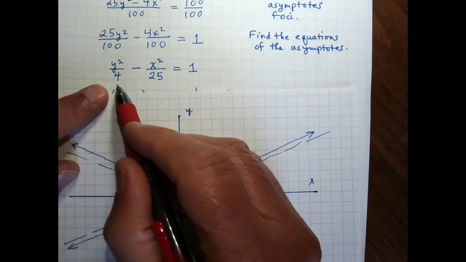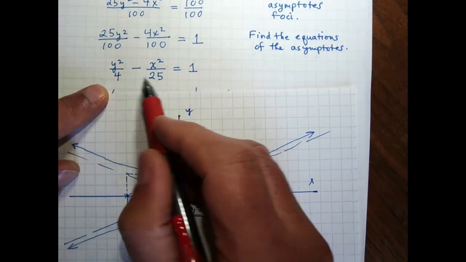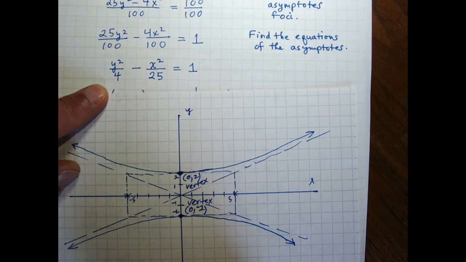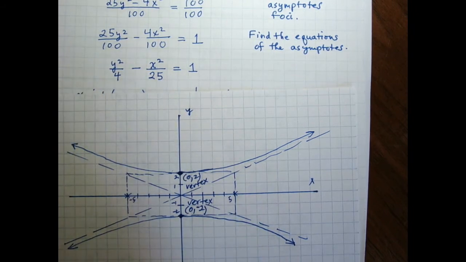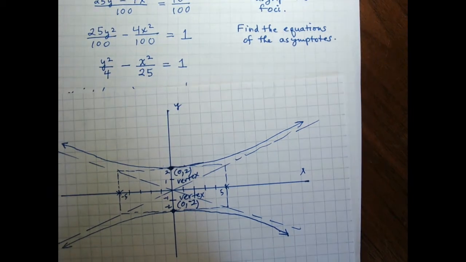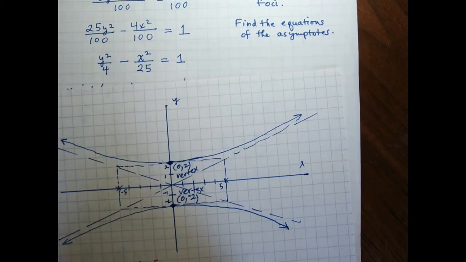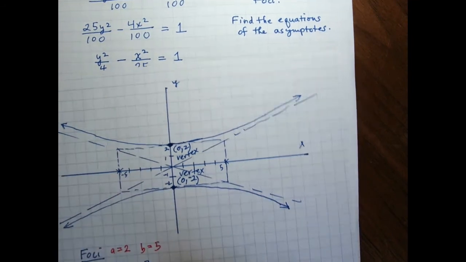The a squared and the b squared are the denominators in the standard form. A is actually 2, a squared is 4, and b is actually 5, b squared is 25. So I have to add 4 plus 25 to get c squared. 29 is c squared, so plus or minus the square root of 29 is going to be my c.